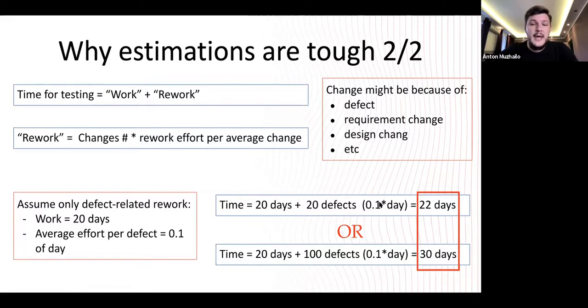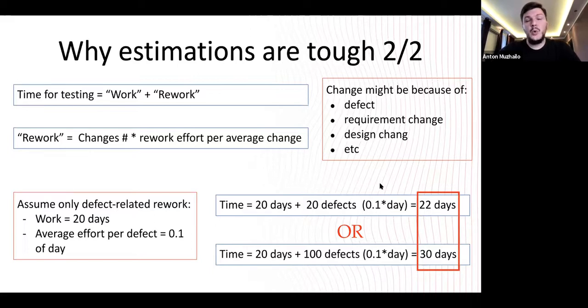So in case we have 20 defects, the total work, including rework, will take 22 days. But if you have 100 defects, it will be 30 days. That is 8 days more, which means you missed your estimation by, let's say, 25%, which is already a pain. So if you don't know how many defects to expect, you just cannot do the estimation properly, because this rework piece you cannot use.